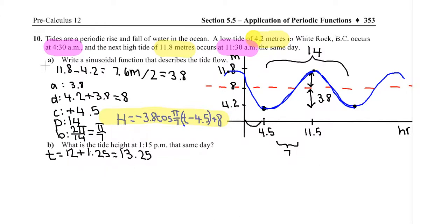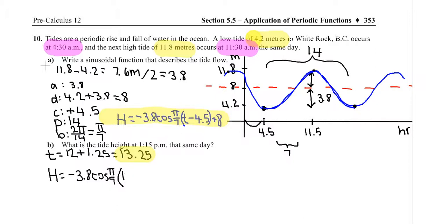So that is how long it's been so far. Now we're trying to find out what height is, so we can just plug in this number as t. We know h equals negative 3.8 cos pi over 7. And now instead of t, we're going to write in this new value, because this value is what we're plugging in for t.